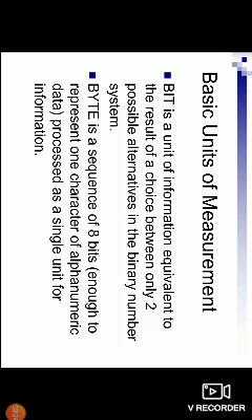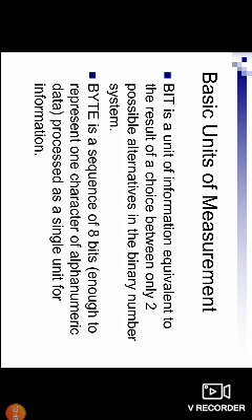So basic units of measurement. A bit is a unit of information equivalent to the result of a choice between only two possible alternatives in the binary number system. A binary number contains only zeros and ones.